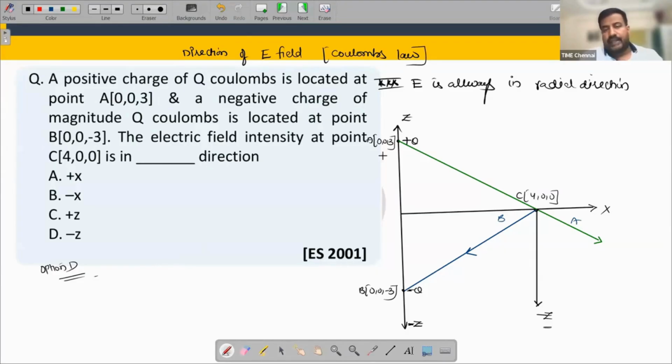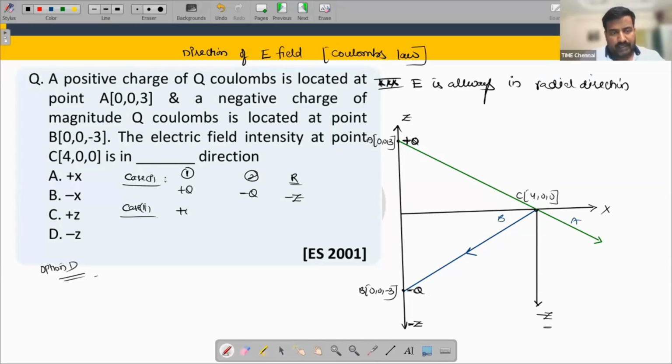Now, you can see here there is a positive charge and here is a negative charge, and we got option D as the answer. This is case 1 in the question. Charge Q1 is plus Q, charge Q2 is minus Q. Resultant direction is negative z direction. Take case 2.